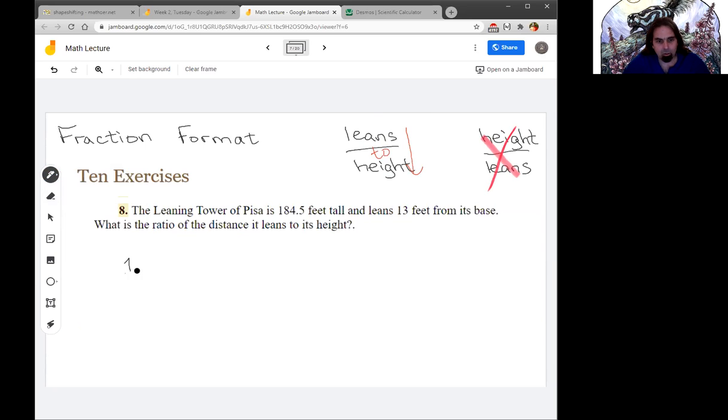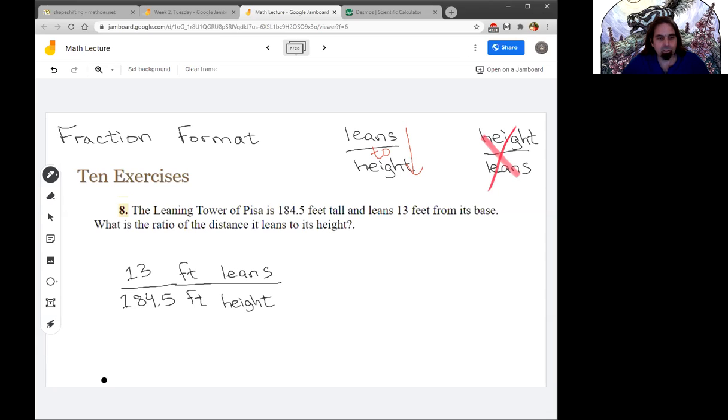So 184.5 tall, that's going to be on the bottom, and 13 feet of lean will be on the top. And that's all there is to it.